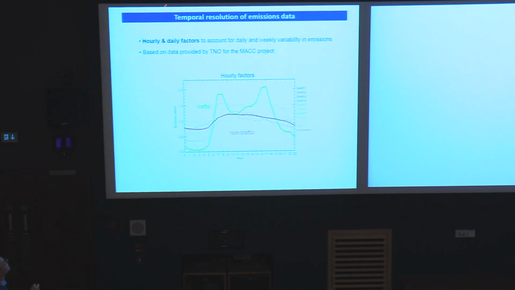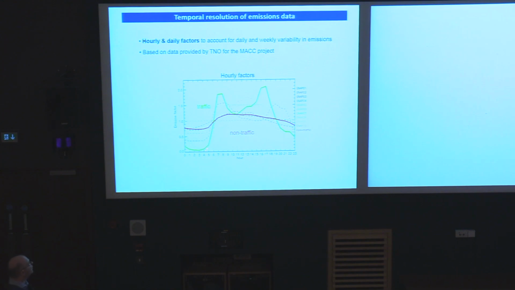The other point that I mentioned was the temporal resolution of the emissions data. For some studies, monthly mean emission fluxes might not be good enough. If you're interested in local air quality, for instance, what you see here are emission fluxes, it doesn't matter which compound, carbon monoxide or NOx, from non-traffic in red.